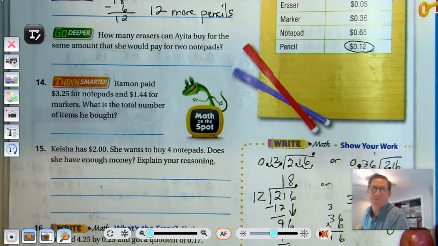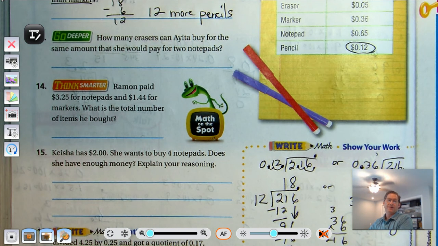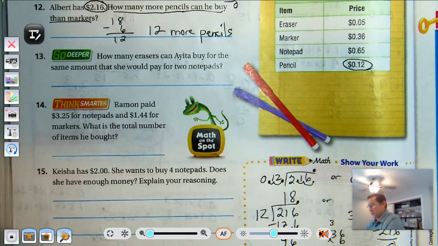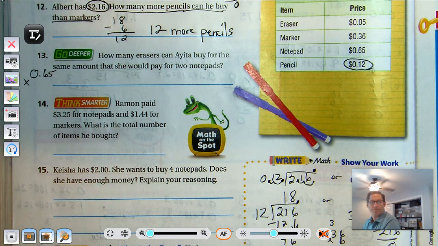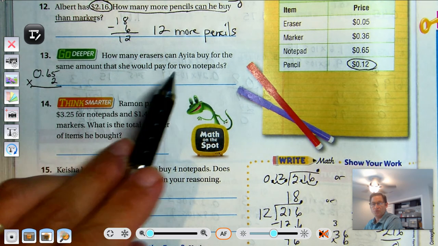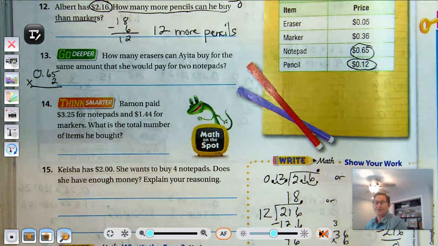All right, 13. How many erasers can Aida buy for the same amount that she would pay for 2 notepads? So each notepad is 65 cents. So that's just 65 cents times 2, right? If she buys 2 notepads, each notepad is 65 cents.